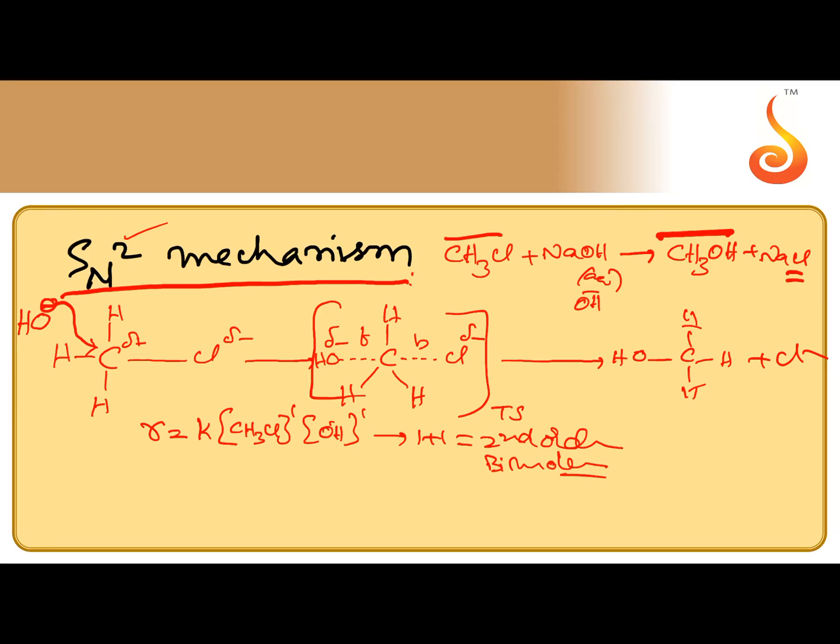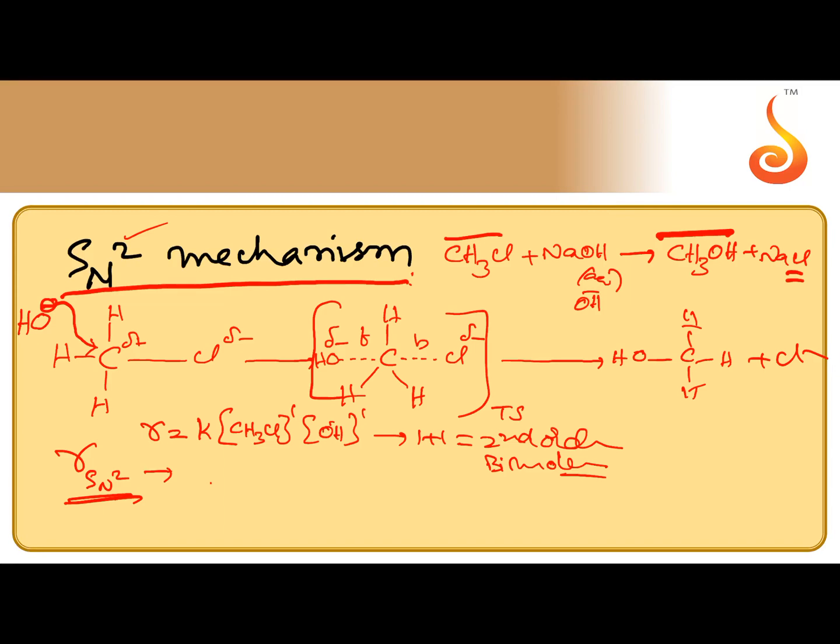So then factors, you have to write a few factors about this. The rate of SN2, so this is a single step process. Rate of SN2 depends on the leaving ability of the leaving group. If the leaving group is a good leaving group or weak base, the rate of SN2 is increased. If the steric hindrance is less around the electrophilic carbon, the rate of SN2 is increased.